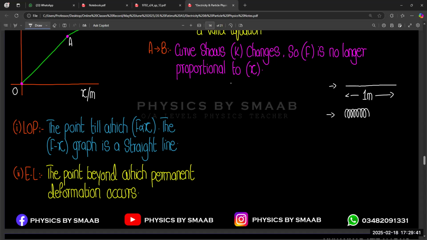For example, if you increase the force 1 Newton, 2 Newton, 3 Newton, 4, and let's suppose after reaching the 5 Newton force, extension is automatically increasing because force is not increasing, extension is automatically increasing in option D. So that's why D is also not a good choice, because at a certain value of force it shows extension increases continuously. Okay. So this is the difference.